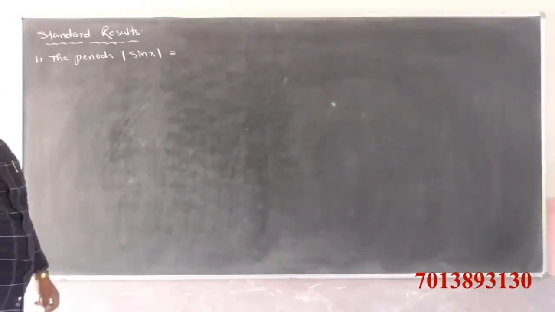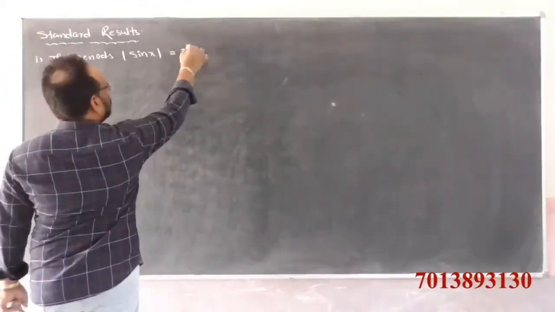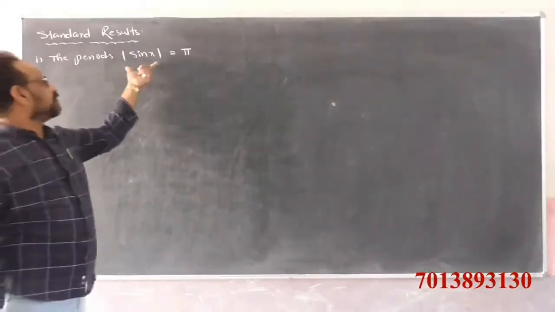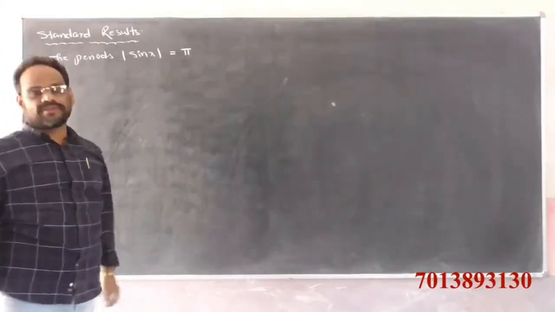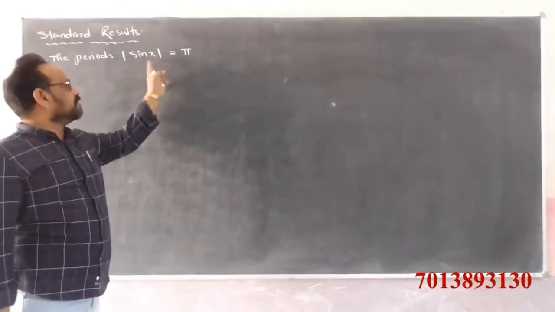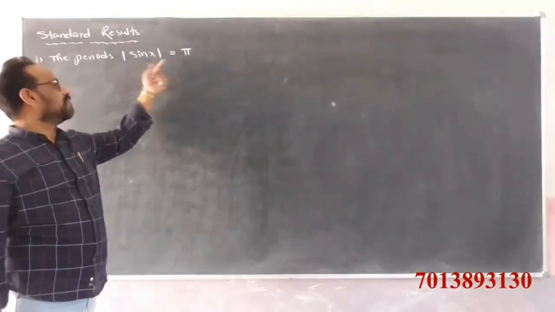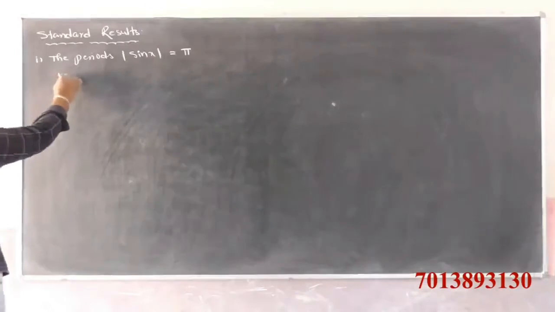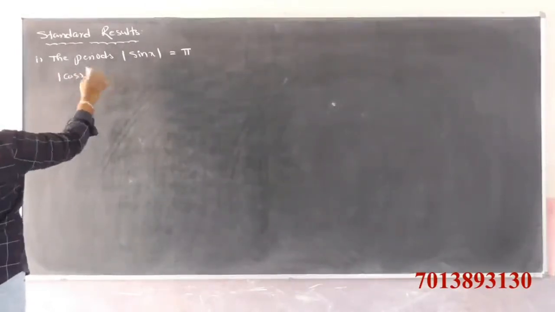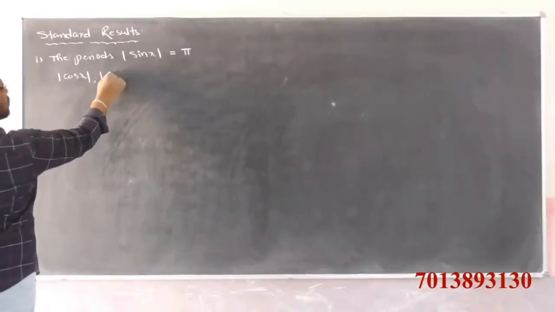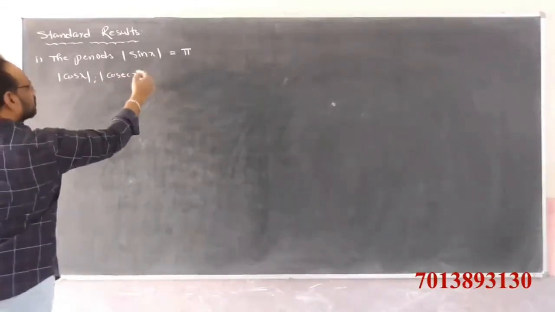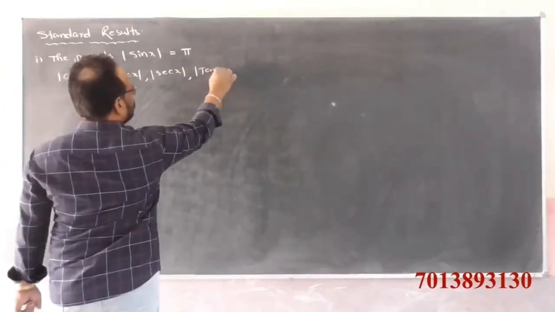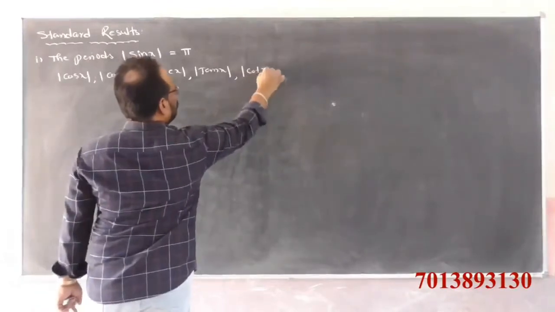The period of sin x is 2 pi, but the period of modulus of sin x is pi, because we want positive values. Similarly for modulus of cos x, modulus of cosecant x, modulus of secant x, modulus of tan x, and modulus of cot x.